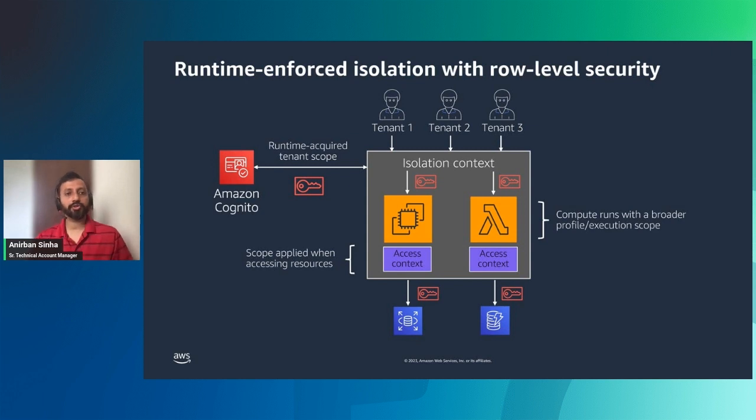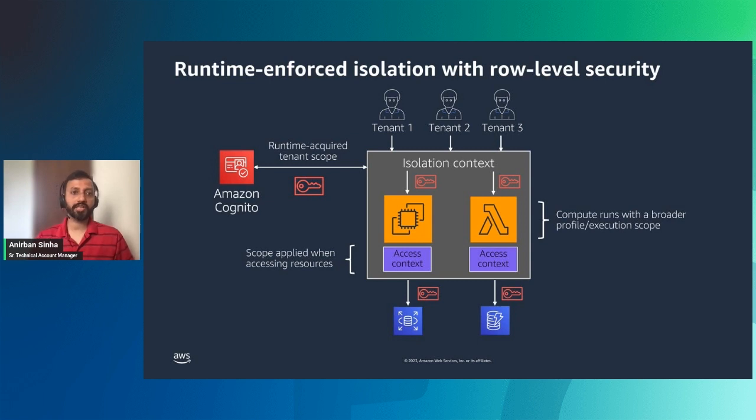Now when the resource is deployed, it has to be deployed in a very wide context to support all the tenants that can come in. Now at runtime, we have to resolve the tenant context, find out which tenant it is coming from, apply the policy dynamically based on the incoming tenant context, and then this will scope your access. Now this context gets applied when you are using attribute-based access control.